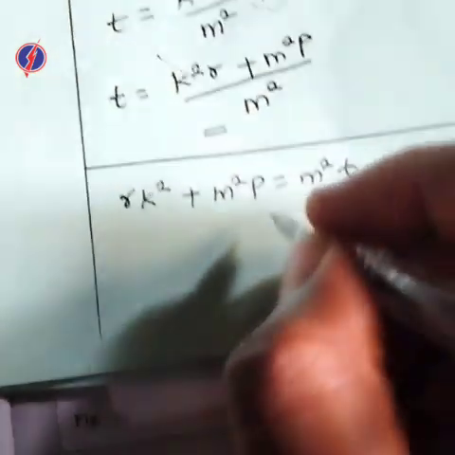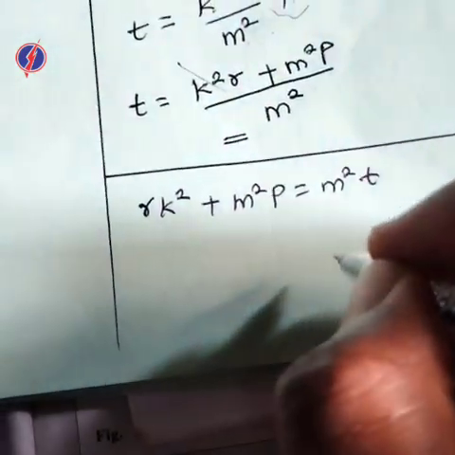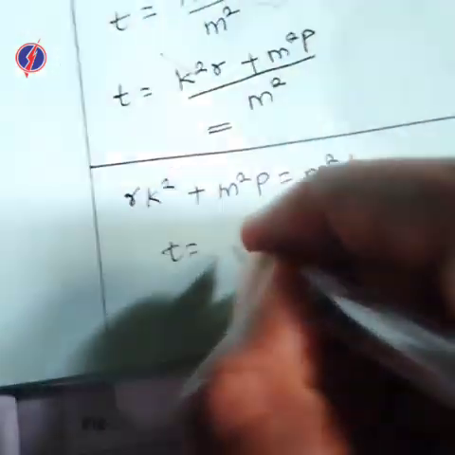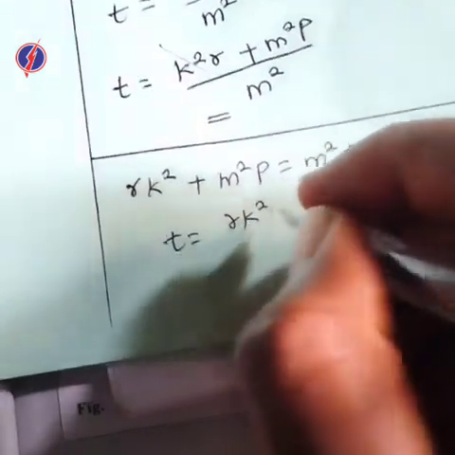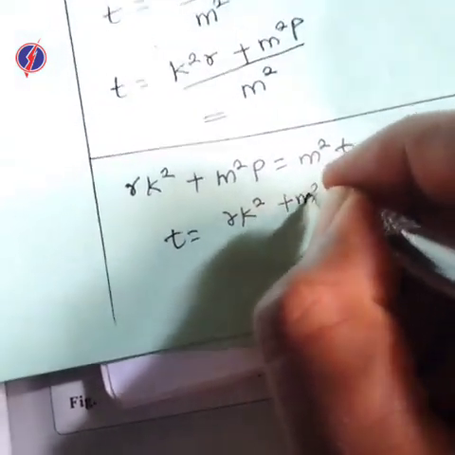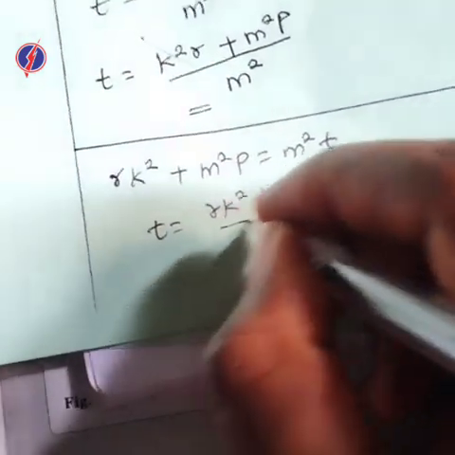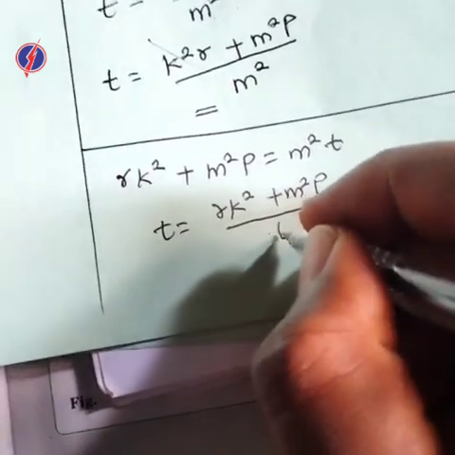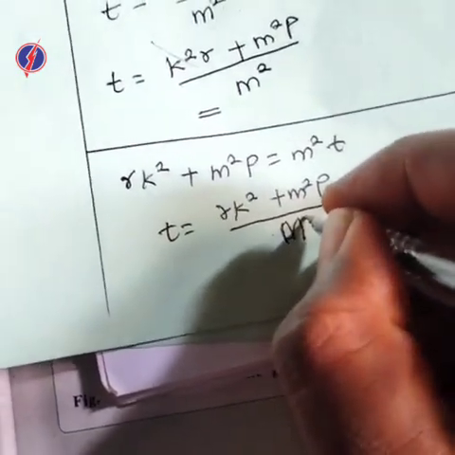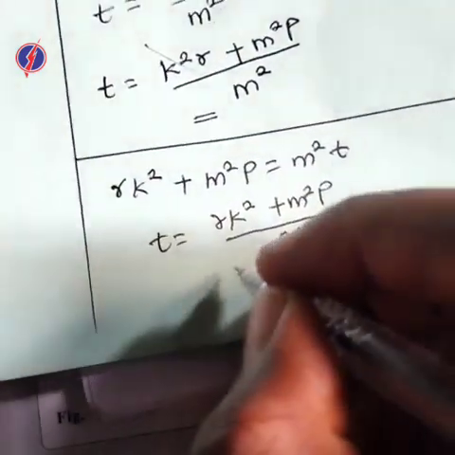So for t to stand alone, you divide both sides by m squared. So t is equal to r k squared plus m squared p all over m squared, right? So that is all.